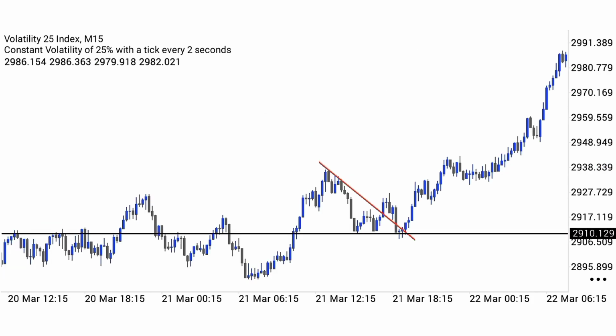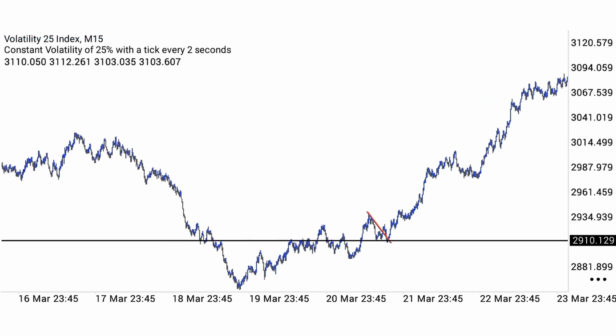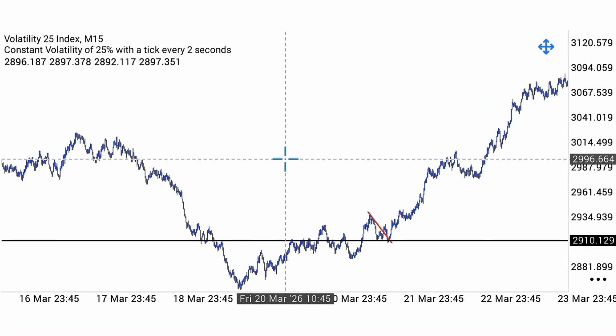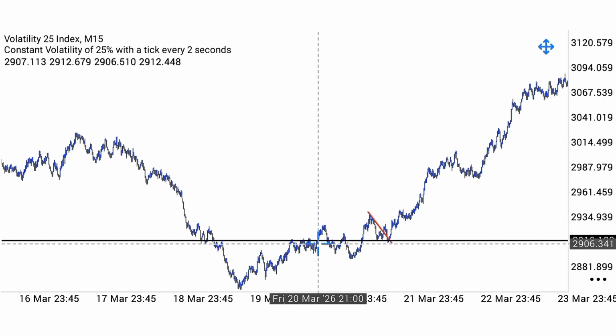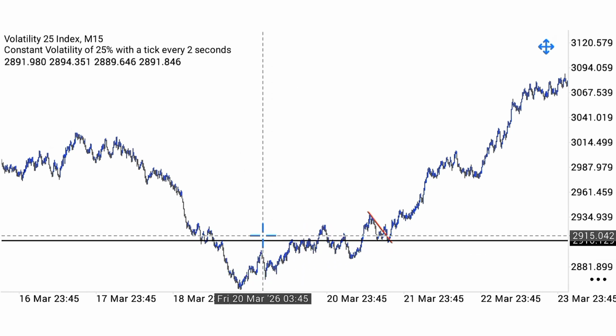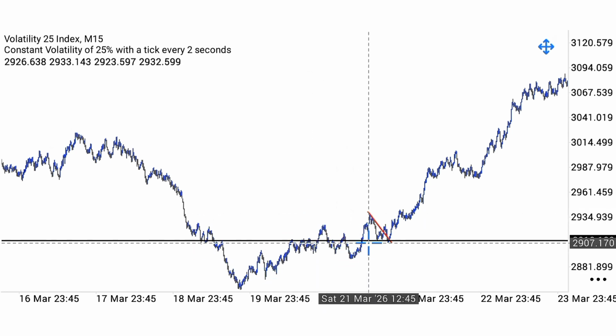Alright, so right here we have another example on the chart, and you can see that this market here is moving in an uptrend. So look at this. You see the market moving in an uptrend. It is making higher highs, lower highs, higher highs, and lower highs.